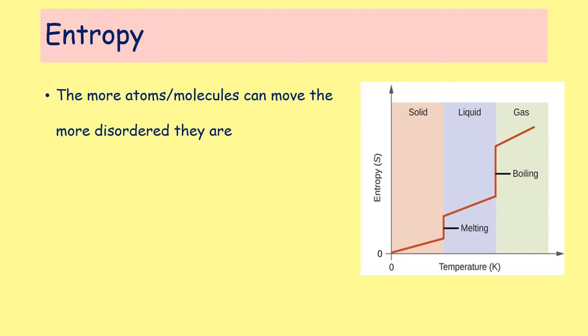However, they are still quite well bonded to one another in a liquid. They are moving over one another, so they don't have complete freedom. So yes, you have an increase in entropy upon melting, which increases as you increase the temperature, but it's nowhere near the freedom that you experience as a gas.